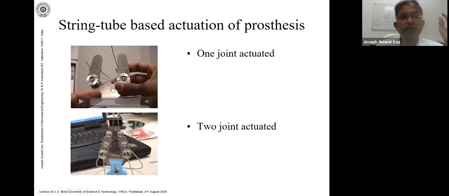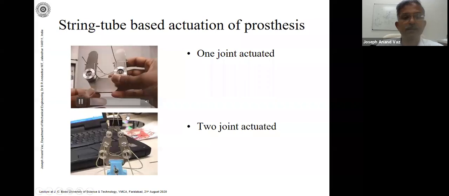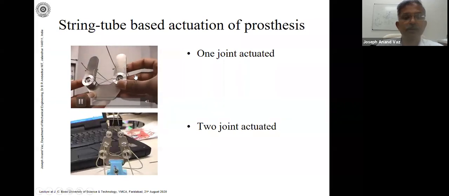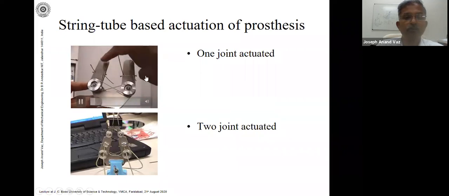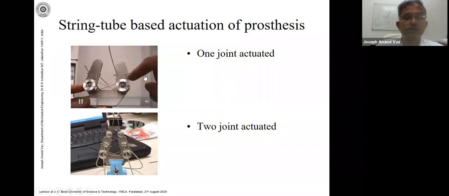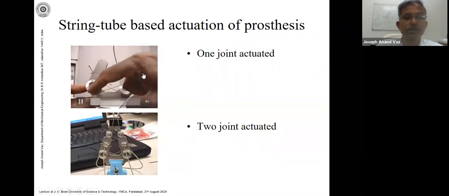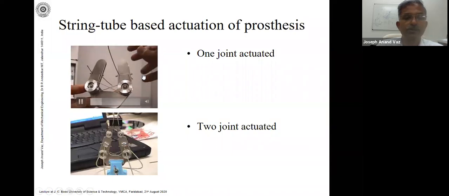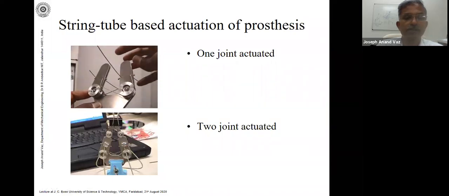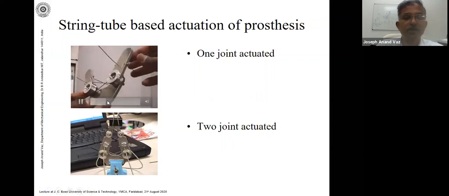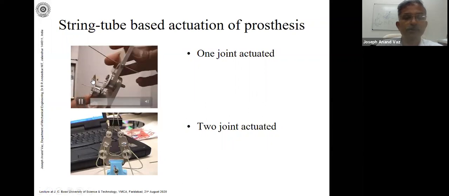So we developed mechanisms to demonstrate this, and you can see in this video that as you move the joint over here, you can see how the strings are wound. Let's call this the active finger; the passive finger automatically moves opposite.